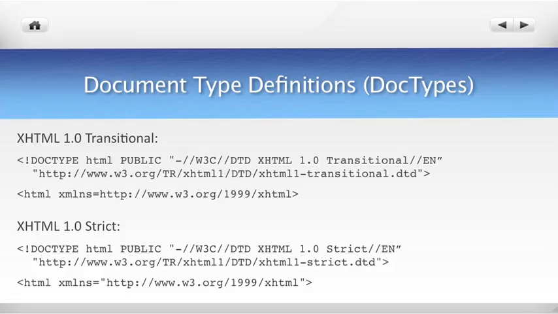As an aside, in addition to the doc type definition being a rule passed to the web browser, it's a hint to you so that you know how the HTML code that you might inherit when you take a new job and receive a new website to maintain, how that code was intended to be written. XHTML 1.0 strict is nearly an identical doc type to that of XHTML 1.0 transitional, the main difference being that in XHTML 1.0 strict, older, non-supported tags, such as the font tag, which we've not looked at intentionally, are no longer supported.